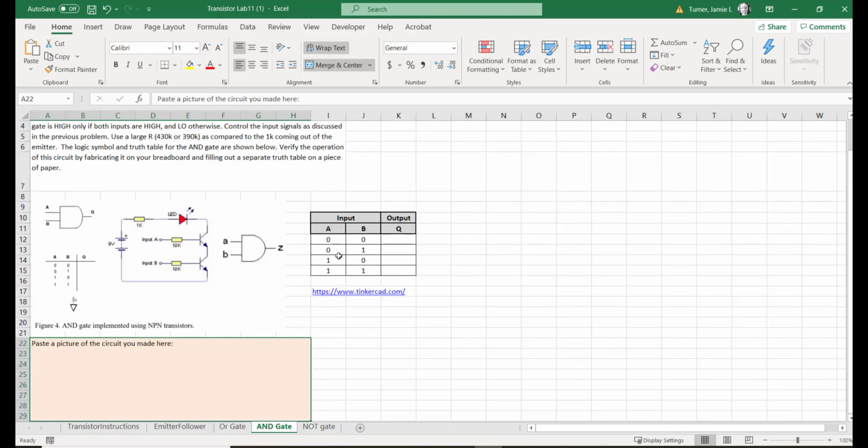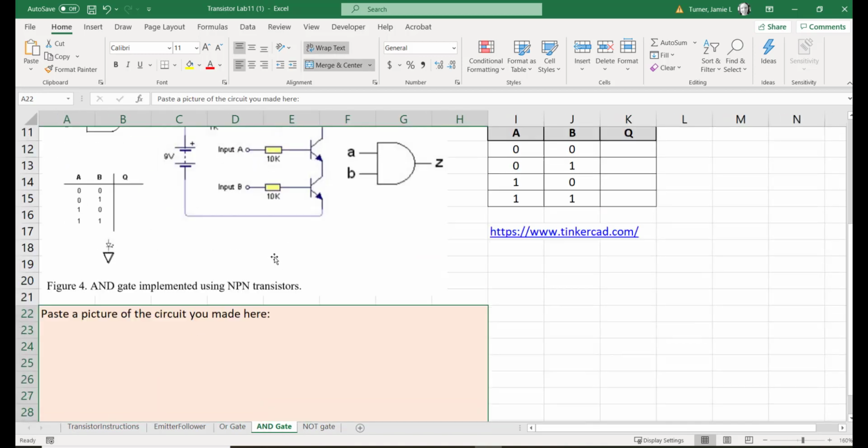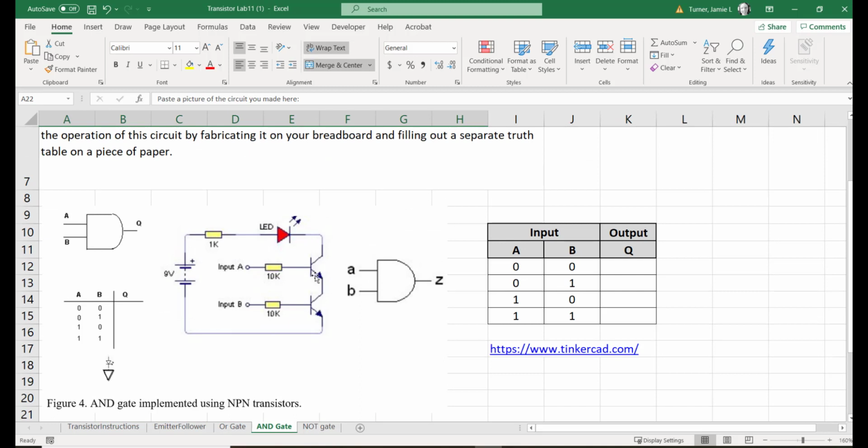Here's another configuration. So again, we have two transistors, input into the first transistor, so this is A, input into the second transistor, that's B, and depending on what A and B are doing, you will either have this output, we'll call this our Q, this will either be on or off depending on what's coming in here.